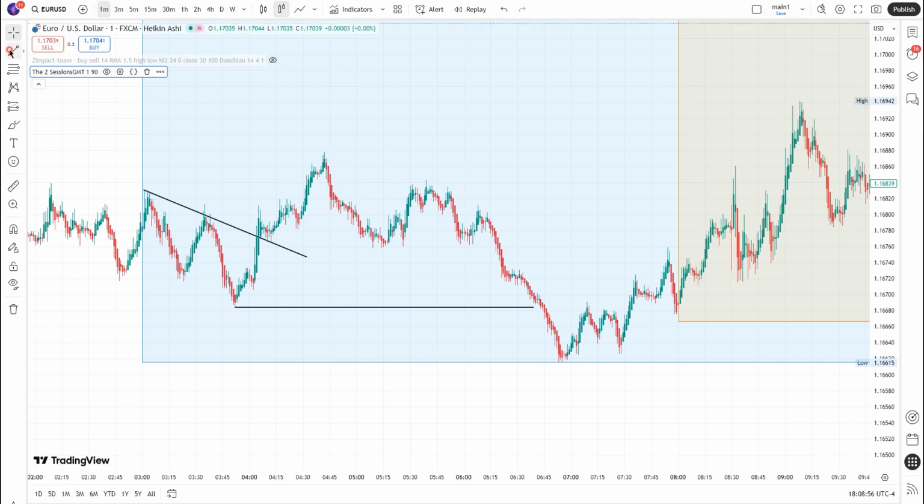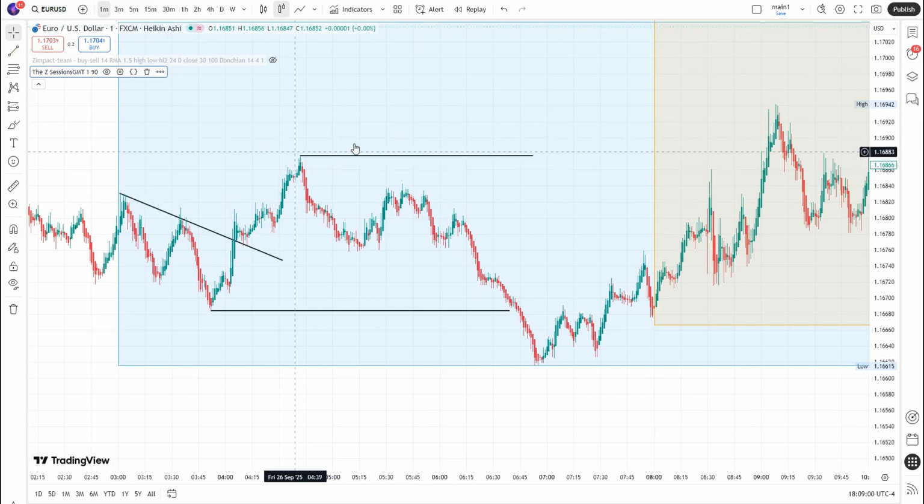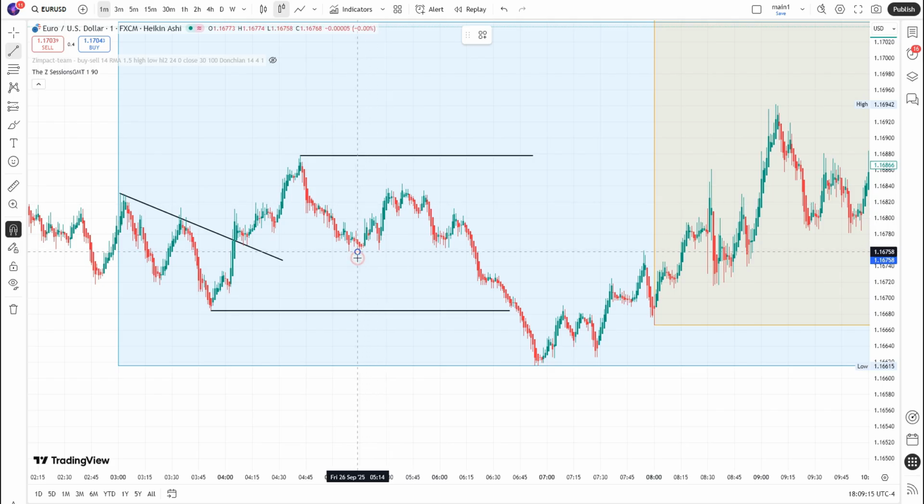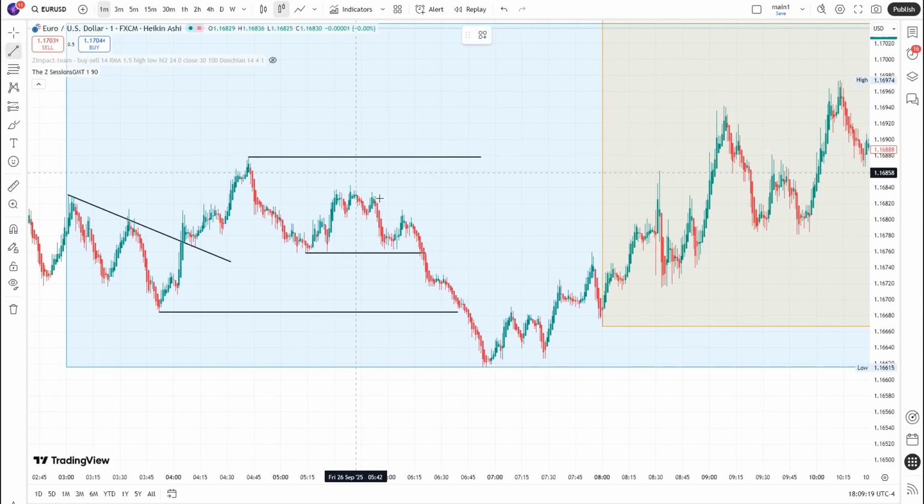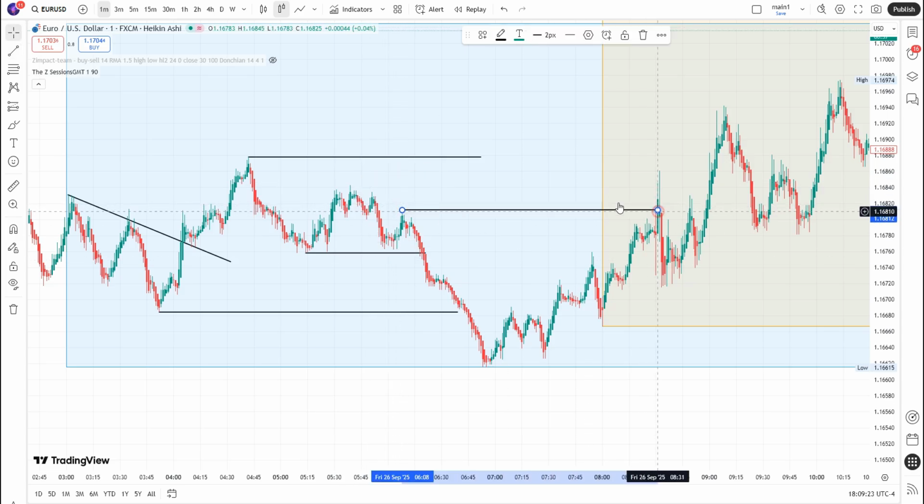We will keep the highs and lows here, and then again, wherever it breaks, we expect. But here, as you can see, this low breaks and then it goes up. The main reason is that this low is now important for us, and after that, this high is important.